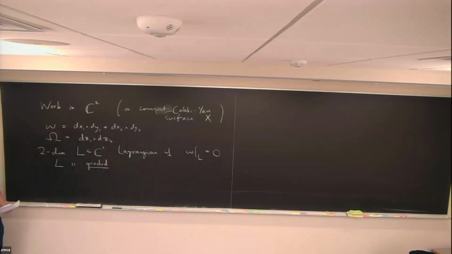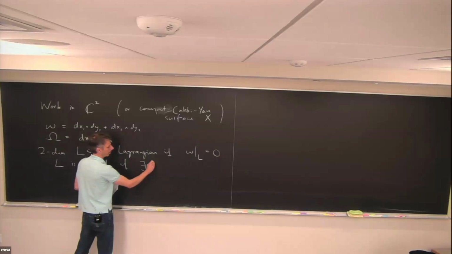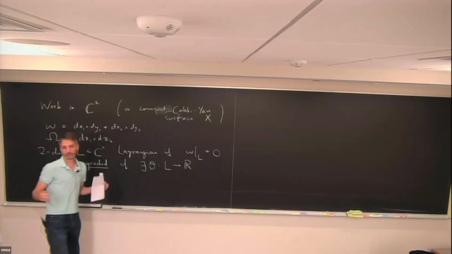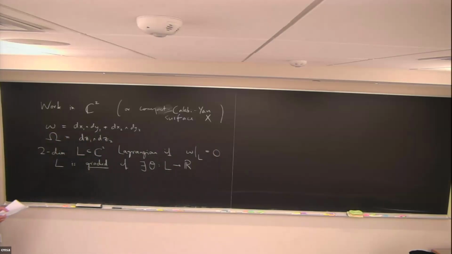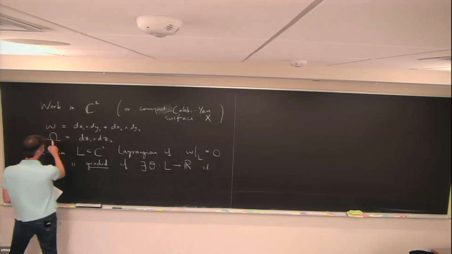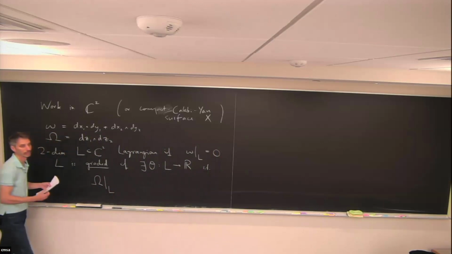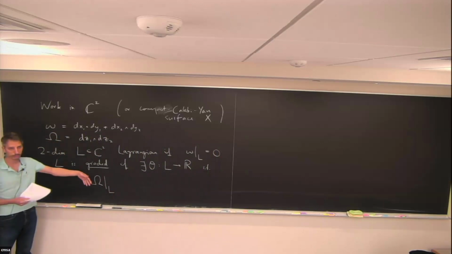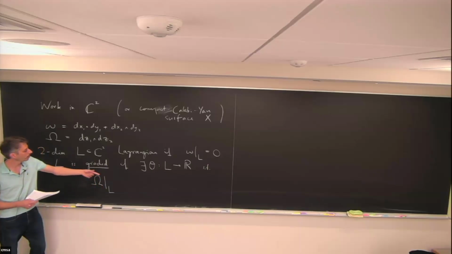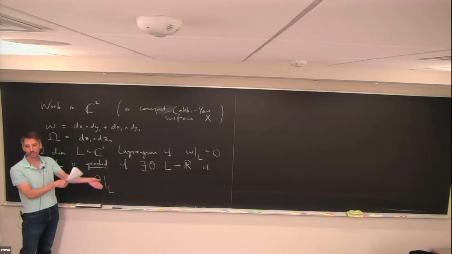Such a Lagrangian is called graded if there exists some so-called angle function, theta, which I call the Lagrangian angle, a real valued function, such that if you take this holomorphic volume form and restrict it to L, then this will be some complex top-dimensional form on L, like a complex 2-form on L. And then you can also compare it to the volume form on L, which is another 2-form.